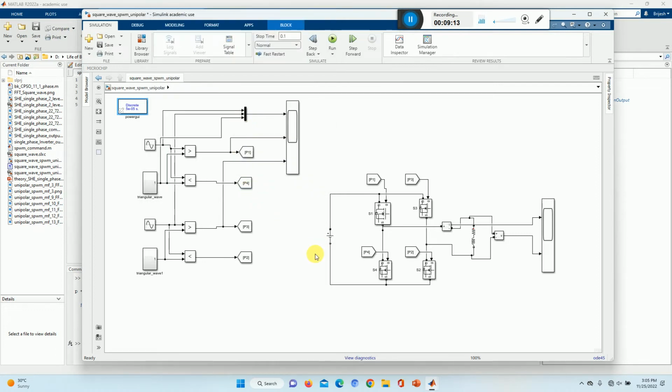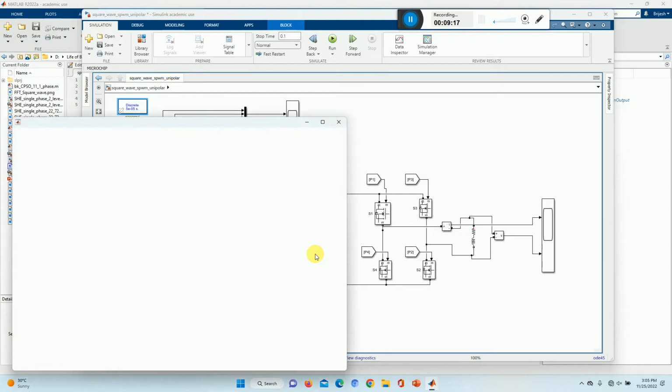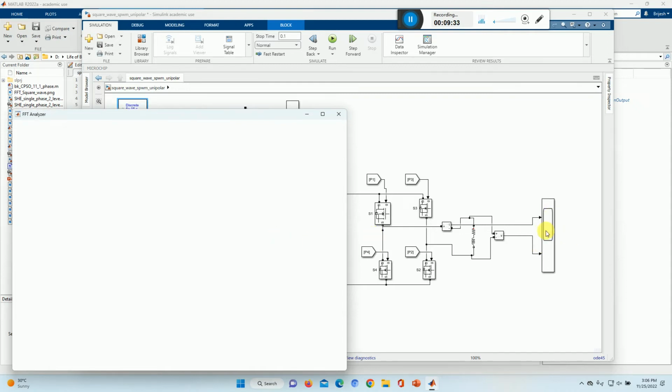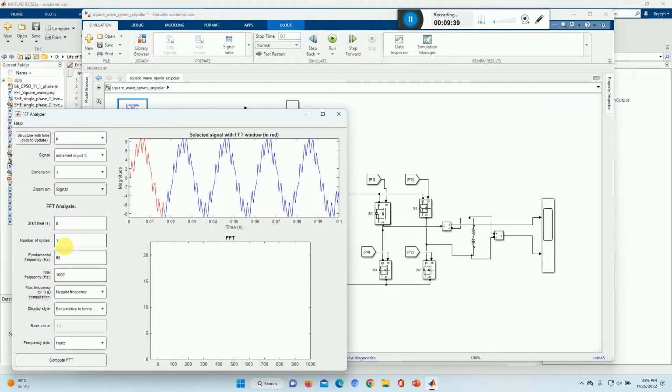Here we will get the output voltage and the current waveform of the scope data, which is stored in the scope over here. P is a variable that we choose.